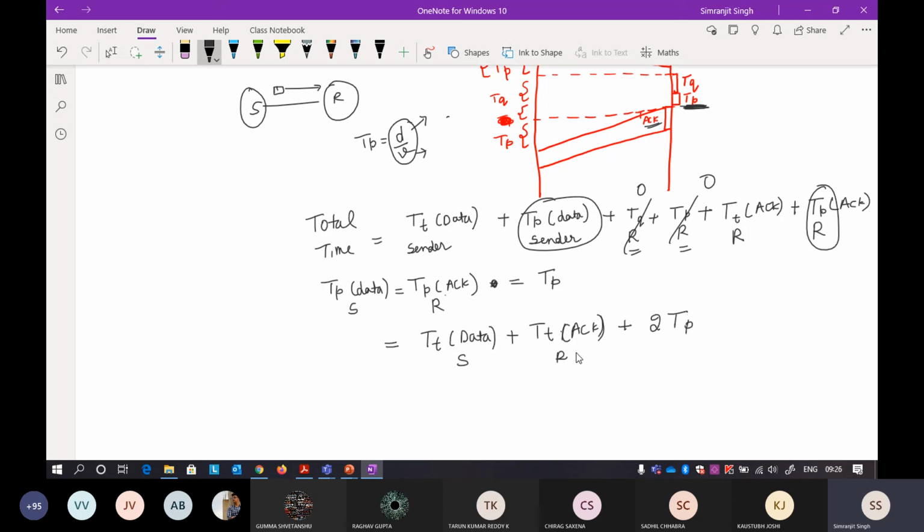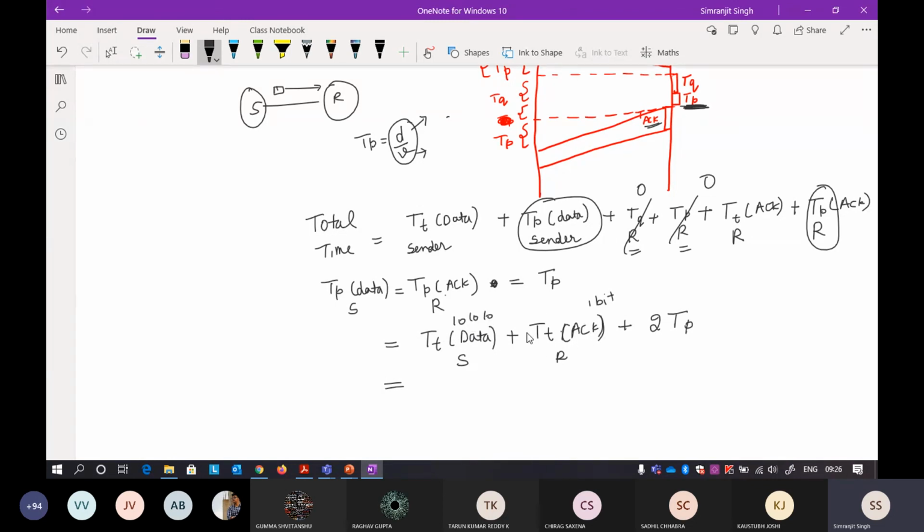Now in the next step, I will say that the acknowledgement is a very small amount of data. It is not more than 1 bit. It is just 1 bit of data. The data size can be in the form of bytes, or numerous data bits, but the acknowledgement is only 1 bit.